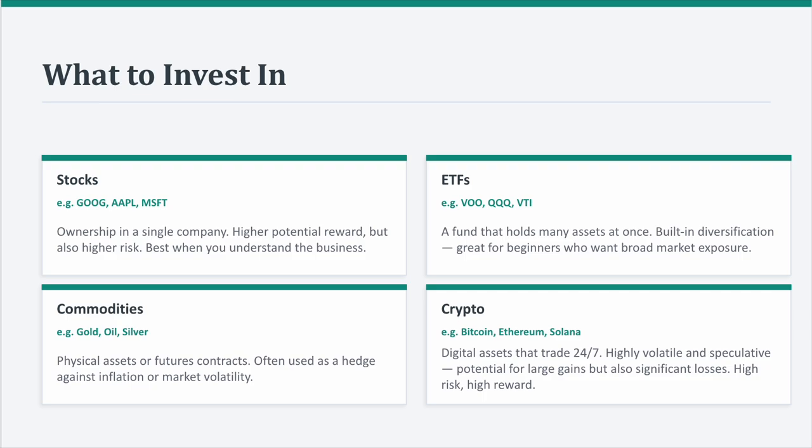Crypto is extremely volatile and very speculative. It can incur very high gains, but also significant losses. This might be the riskiest out of the four, and it is more tailored to short-term trading as opposed to long-term growth, which would be more tailored to ETFs and maybe stocks and commodities.